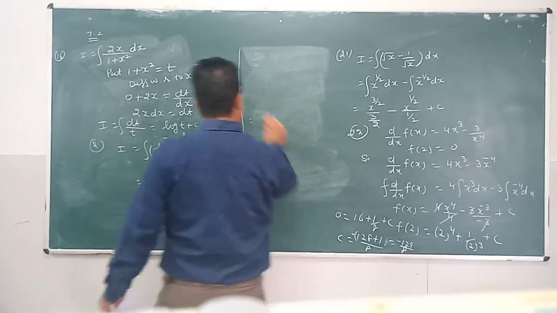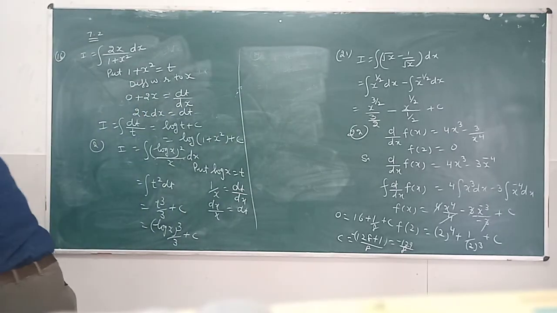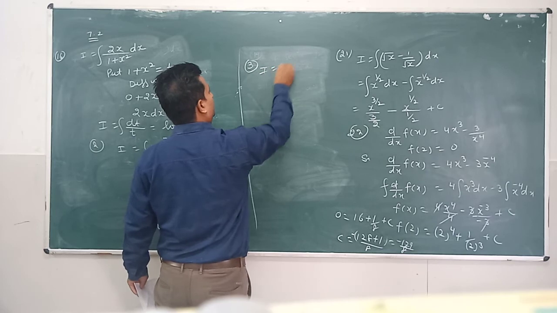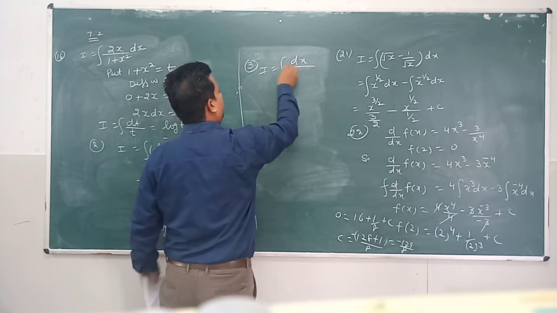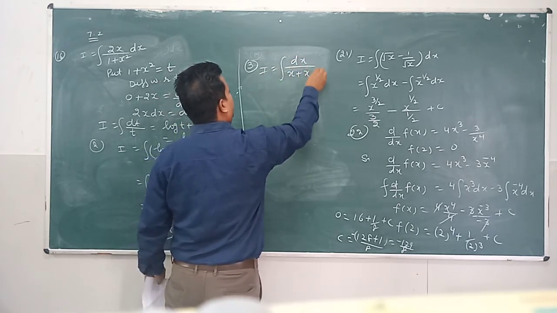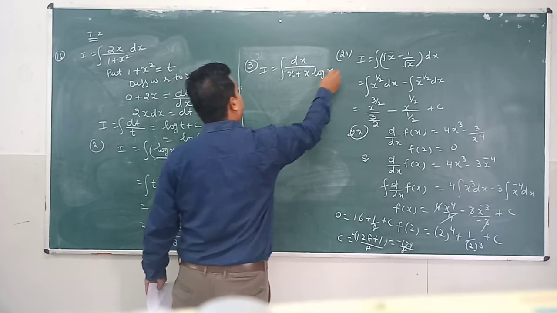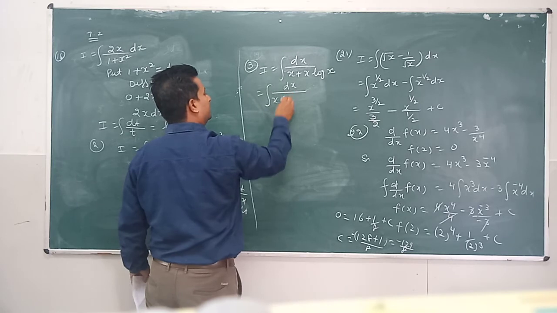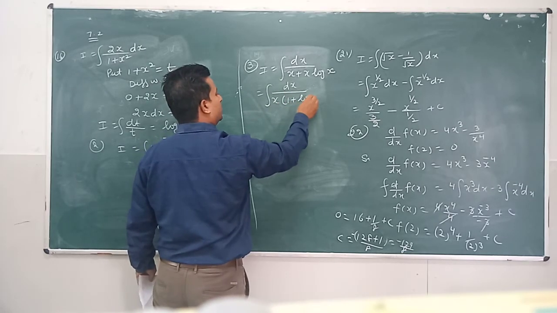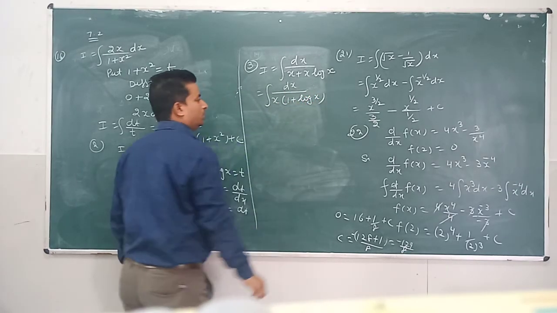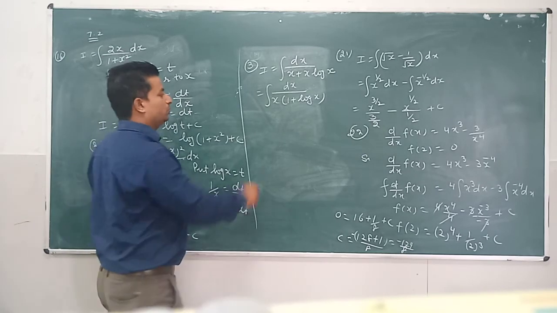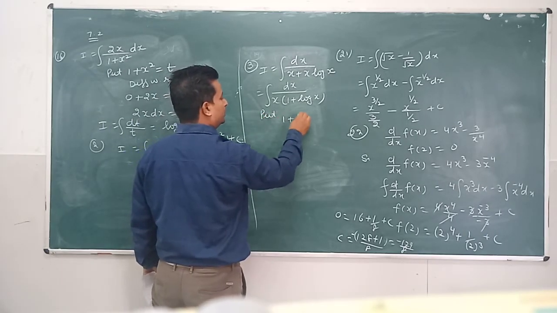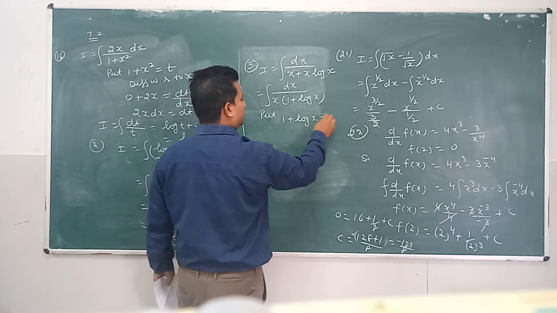In question number 3, the statement is I is equal to dx by (x plus x log x). Here we first take x common. This is x times (1 plus log x). As we know, the derivative of 1 is 0 and of log x is 1 upon x. So we put 1 plus log x equals t.